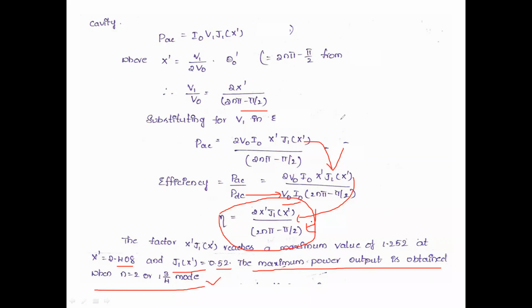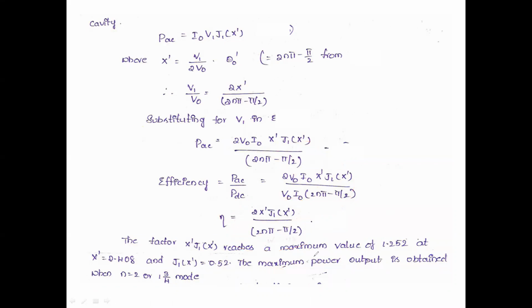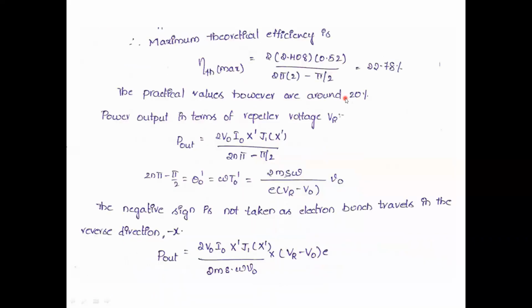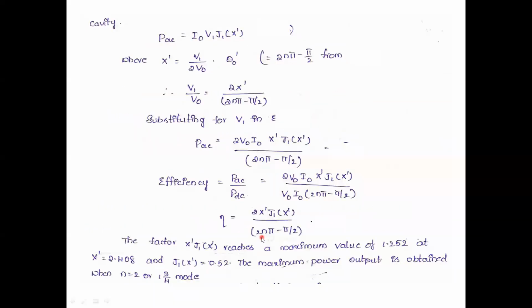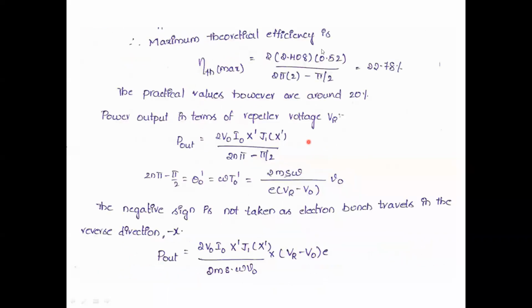This is the efficiency for a two cavity. Substitute all these values, n equal to 2, x dash value, j1 of x dash value. Here I am taking the maximum value for the efficiency.